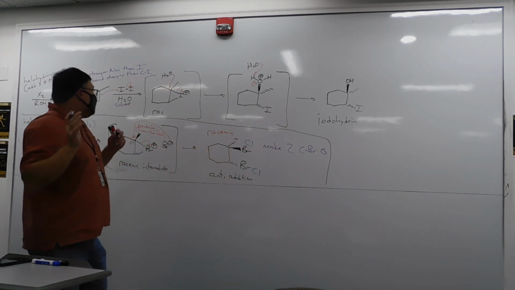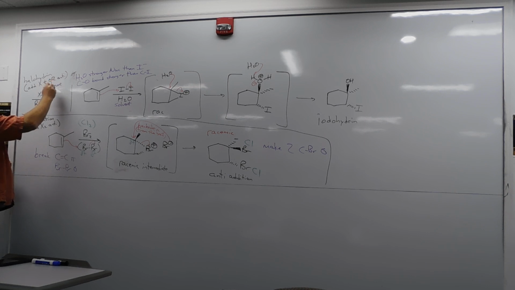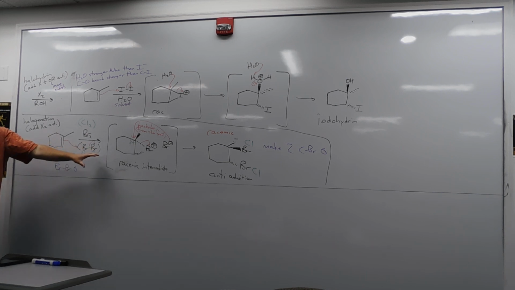So you've added I, and you've added OH. So an X and an OR. The OR is going to go on the more substituted carbon. And it's the same mechanism as the bottom.